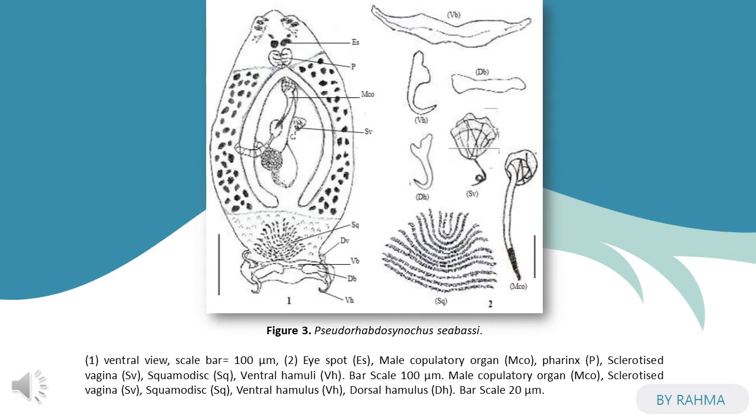The dorsal hamuli inner was 0.026 until 0.033 mm long, and the outer was 0.04 until 0.045 mm long. The ventral hamuli inner length was 0.036 until 0.046 mm and outer length was 0.047 till 0.057 millimeters.